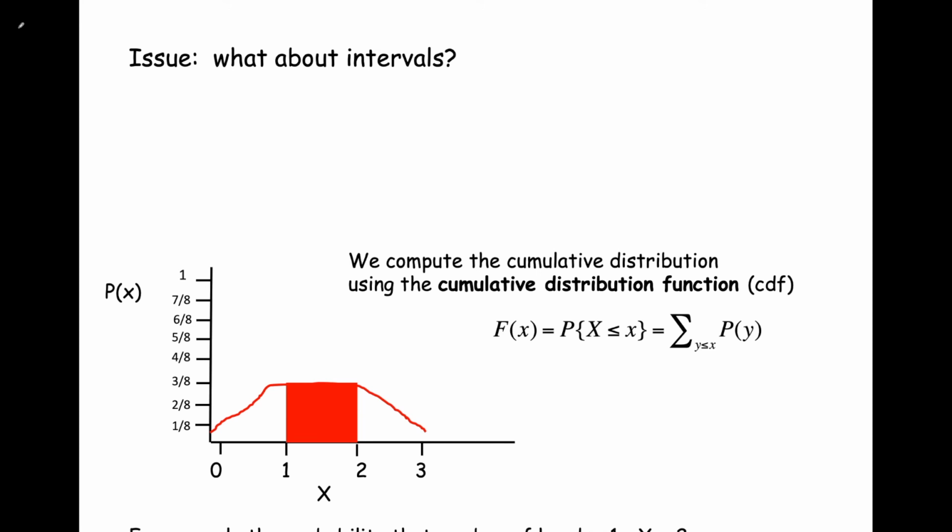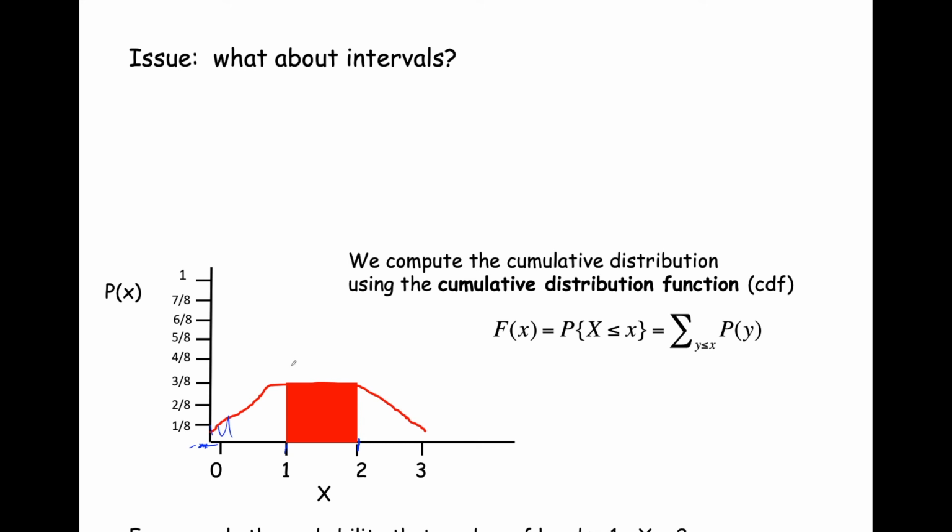This notch can be formed by taking the area under the curve from the extreme left, the smallest value, up to the 2, and then subtracting out this region, which is the cumulative area under the curve from the extreme left value, smallest 0, up to a 1.